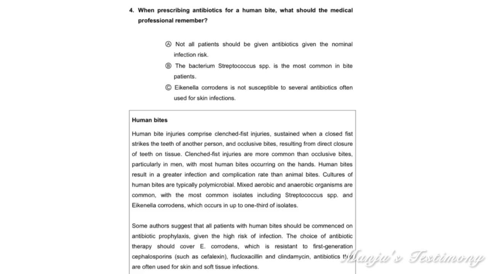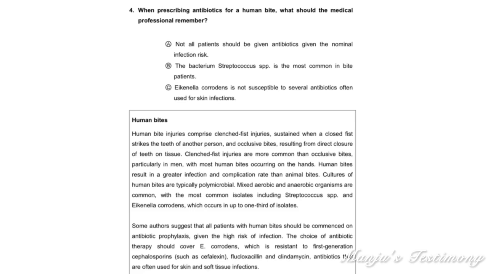Human bites. Human bite injuries comprise clenched fist injuries sustained when a closed fist strikes the teeth of another person, and occlusive bites resulting from direct closure of teeth on tissue. Clenched fist injuries are more common than occlusive bites, particularly in men, with most human bites occurring on the hands.